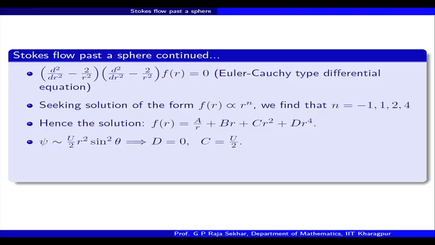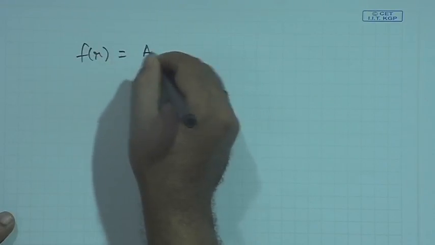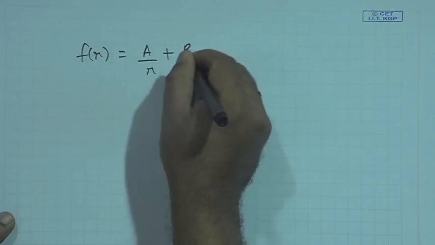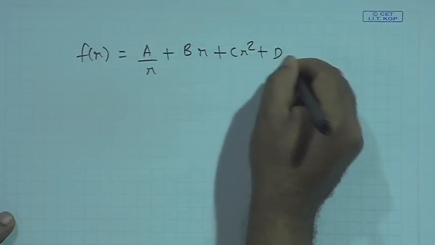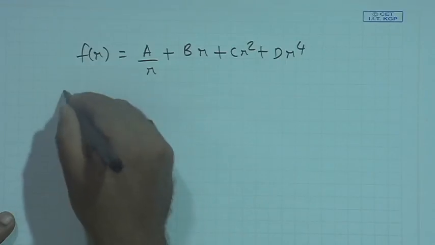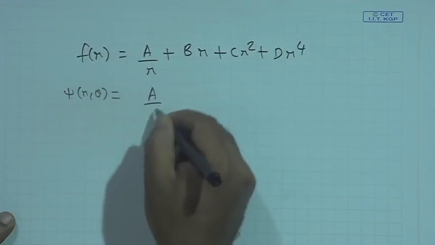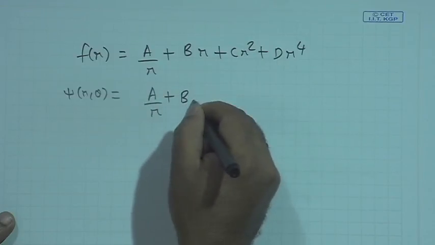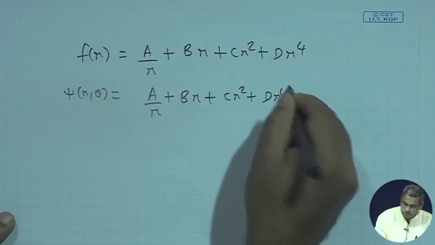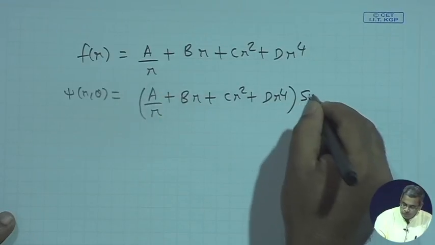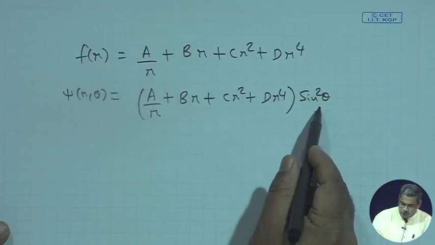So, here once we have f of r as A by r, B r, C r square, D r 4, we have the corresponding psi as, because our psi is nothing but f of r times sin square theta.